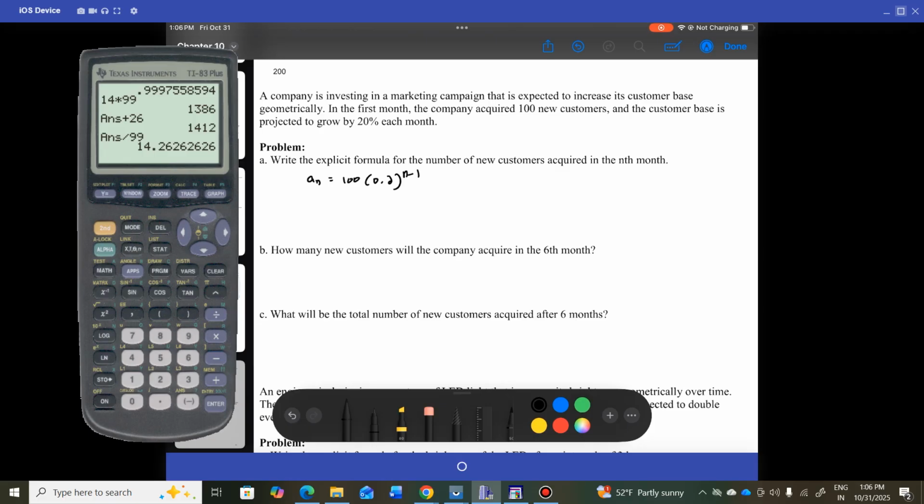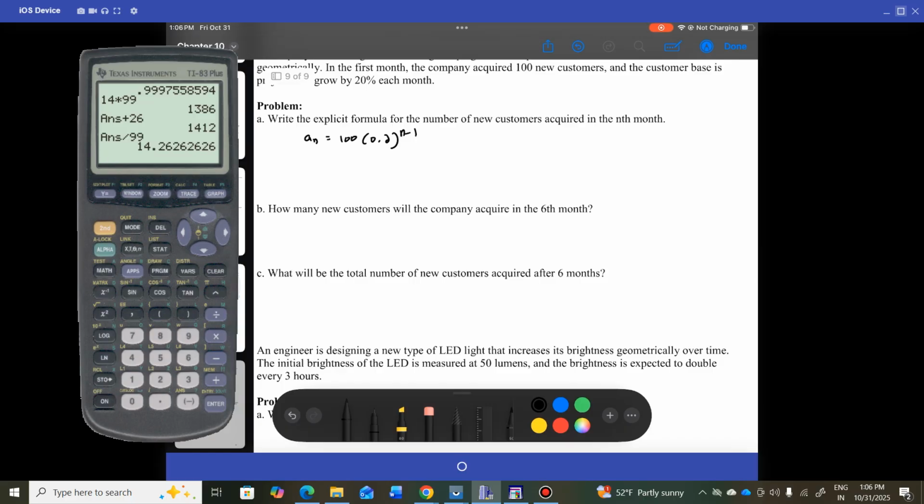How many new customers will the company acquire in the 6th month? So we'll plug in 6 for n. So 0.2 to 6 minus 1. So we'll do 100 times 0.2 to the 5th.